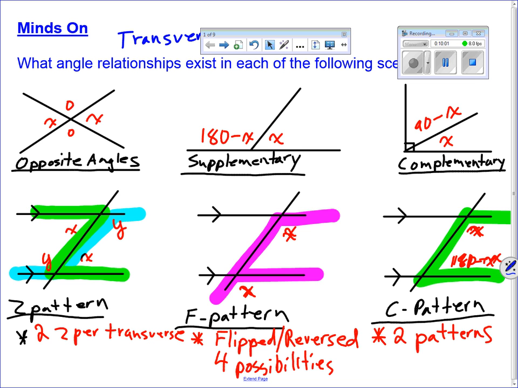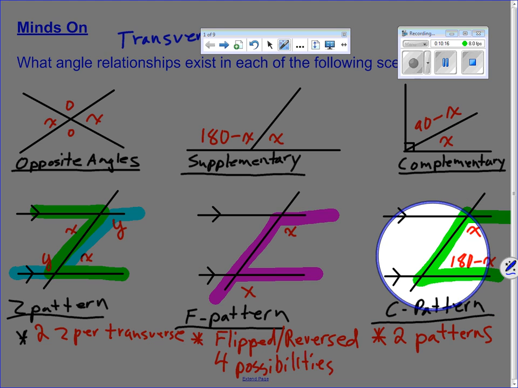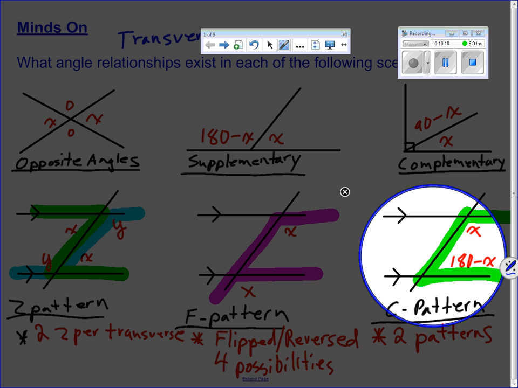Now, this last one here uses the C pattern to find its angle within the other parallel line. And we call that the C pattern shape.